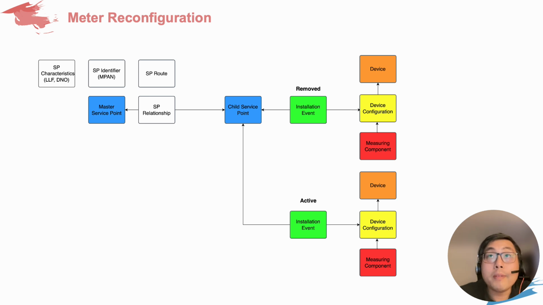So it's the same device, but it's going to have two different device configurations. Obviously, if you have two different device configurations, you're going to have different measuring components as well. One of them will be in a removed status with a removal date, and another one will be in active status with an installation date, and they normally don't contradict each other. Remember, we can only have one active installation on the same service point.